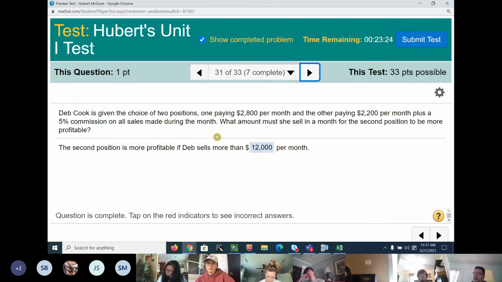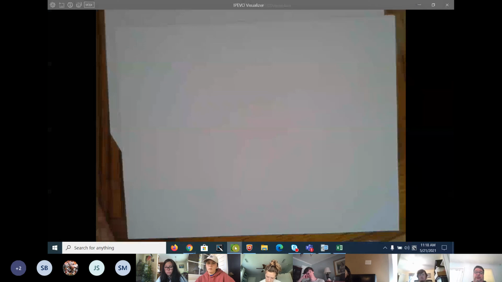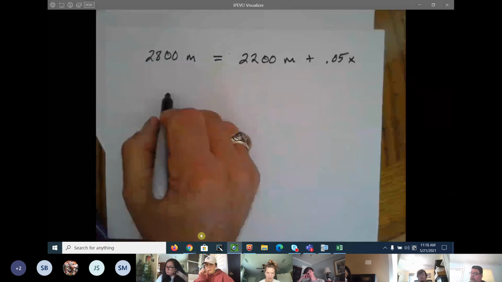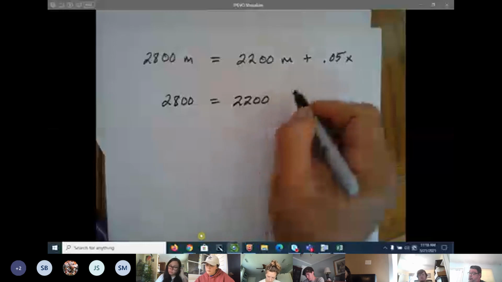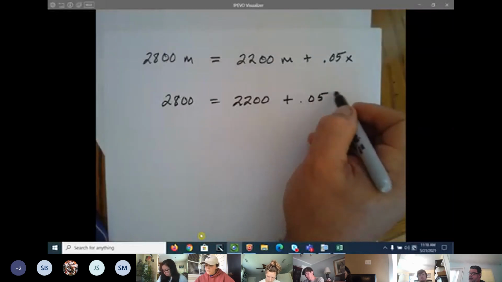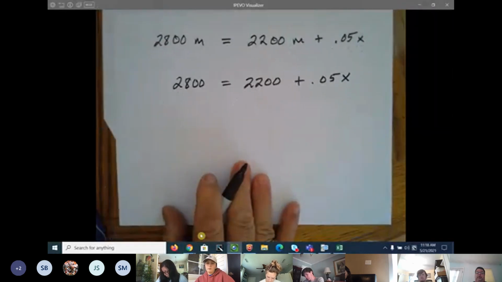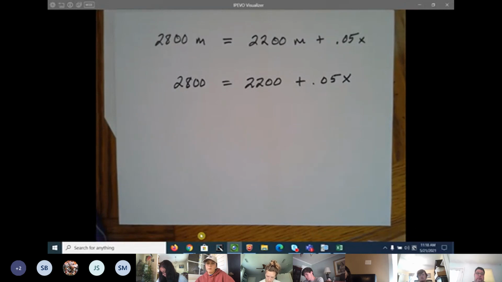So you're basically talking about setting them equal to each other. 2,800 is equal to 2,200 plus 0.05x, and solve for x. Now you could set it up as an inequality.